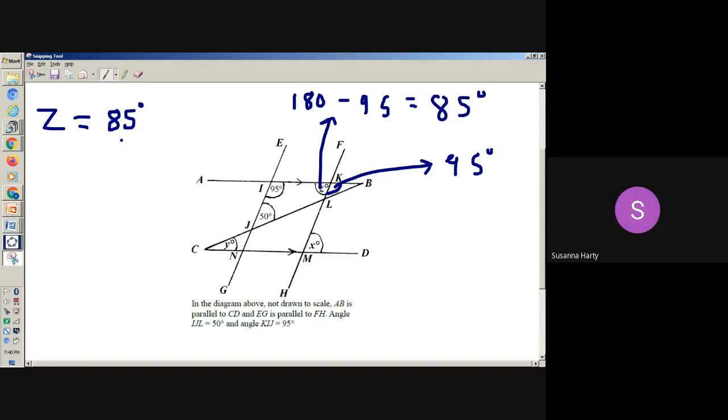So the principle that says that angles on a straight line are 180 does not apply here then? Yeah, man, that's what we did. To get Z, because over here it says 95, and we say that angles on a straight line measure 180. So we say 95 from 180 gives you 85. So that's why Z is equal to 85. That's the principle that we use to get the 85.